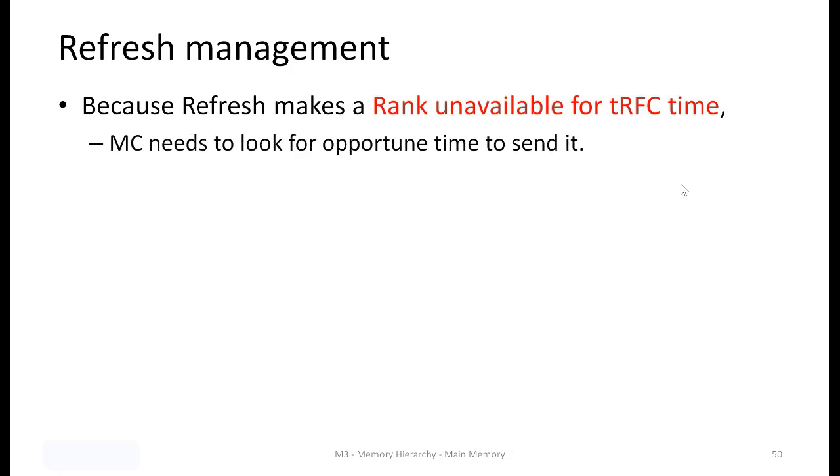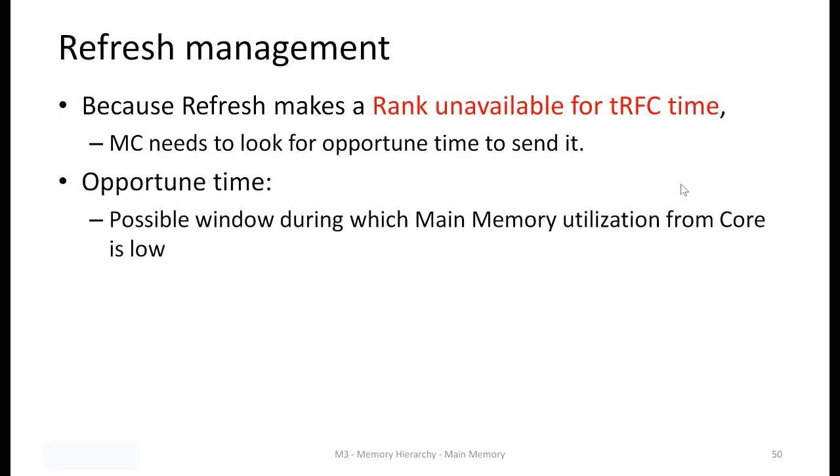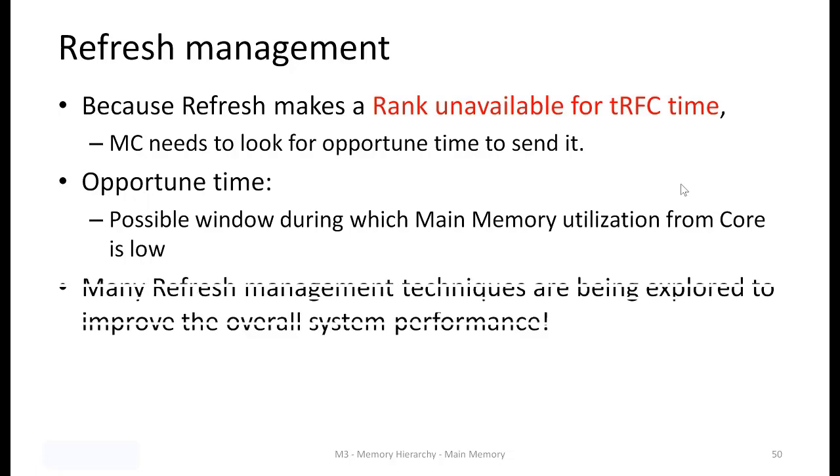We need to find an opportune time to send the refresh commands. Basically, the opportune time can be defined as some possible window where the main memory utilization from the core is low. It means there are very few requests, so we can do the refresh operations during that time, so that the overall performance might not get affected significantly.